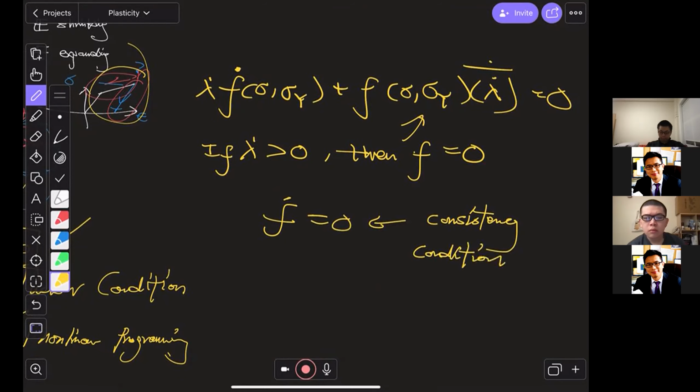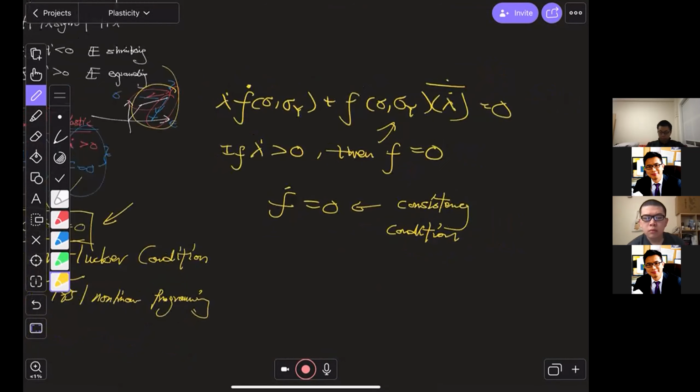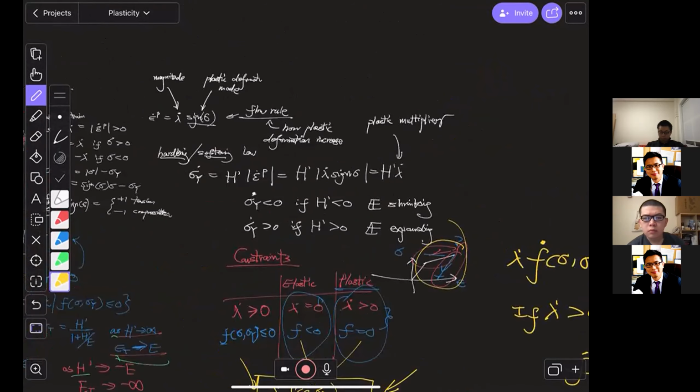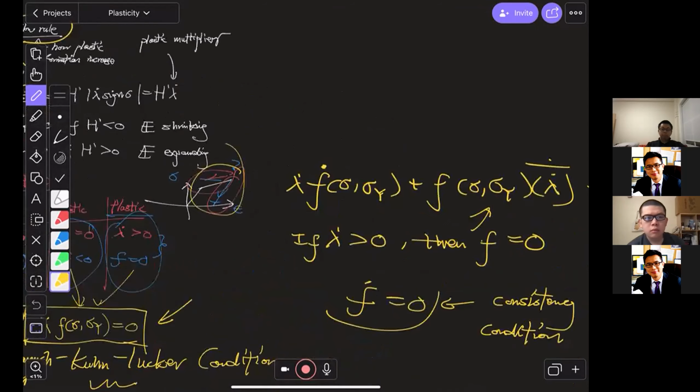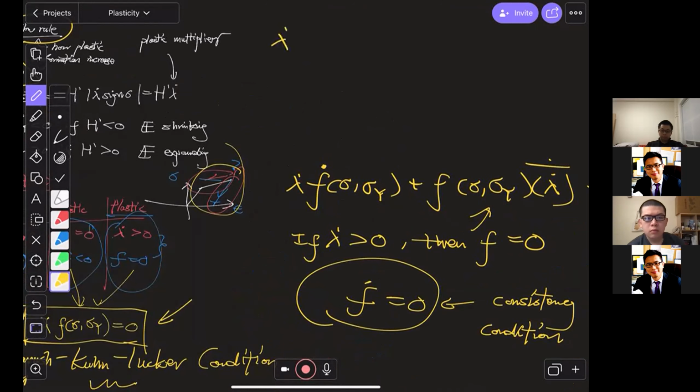So when you write a plasticity model, it becomes very simple. I just need to combine my flow rule, my hardening law, and my consistency equation, and then I have 3 equations and 3 unknowns. The unknowns could be lambda, the new stress, and also my internal variable.